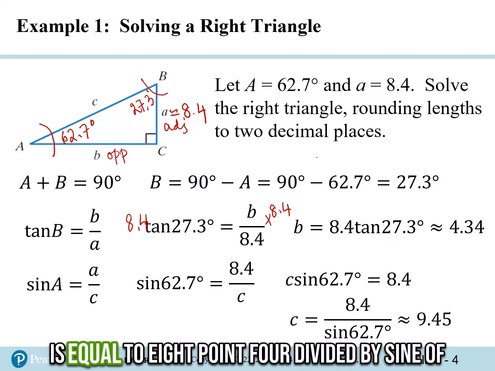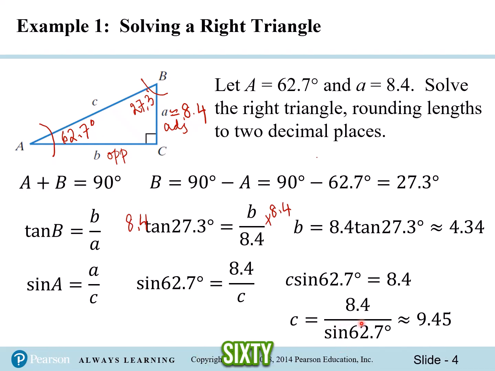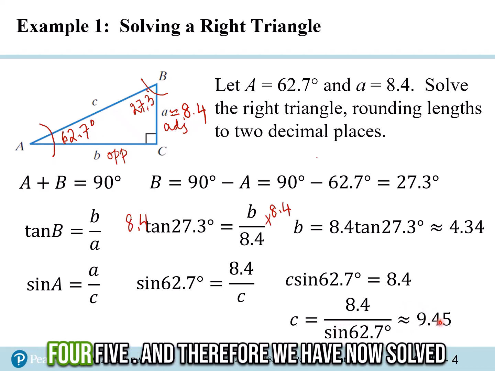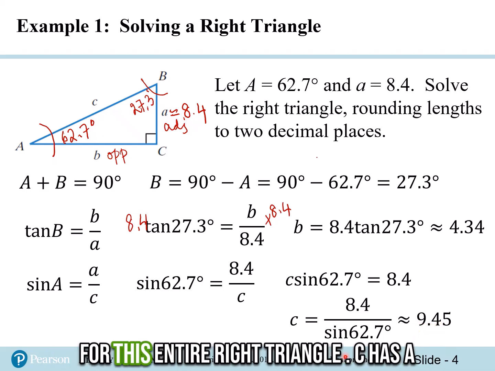Therefore, C is equal to 8.4 divided by sine of 62.7 degrees, which is an approximate measure of 9.45.